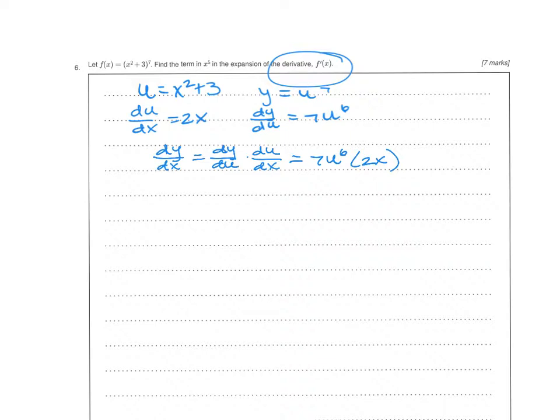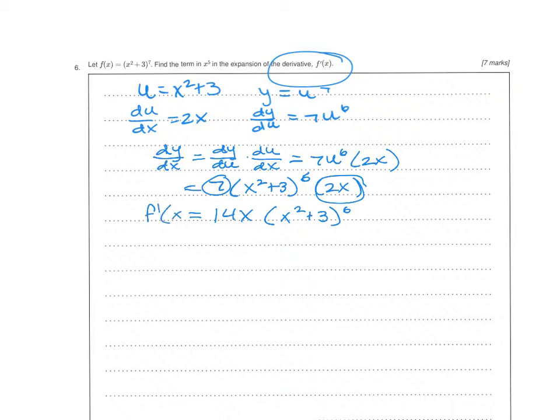And then we need to make sure that we replace u with what it was originally. So we get that. So next what we're going to do is let's go ahead and simplify 2x times 7. That's 14x times x squared plus 3 to the 6th. So that is the derivative.